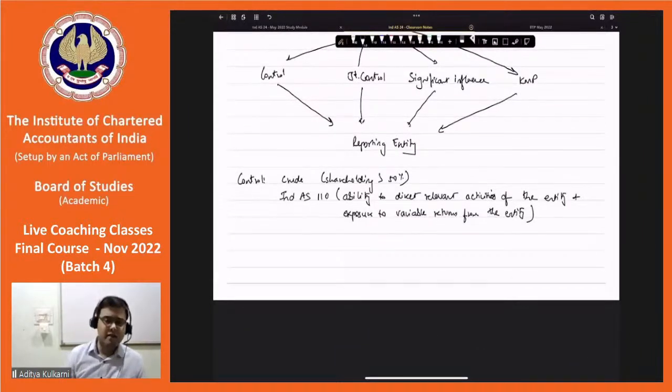Take for example, any listed company, where the major shareholder holds, say for example, 45 to 48%. And when the major shareholder holds 45 to 48%, the remaining shareholdings are all distributed among various people throughout the country, such that each person does not hold more than 1% of the shares.